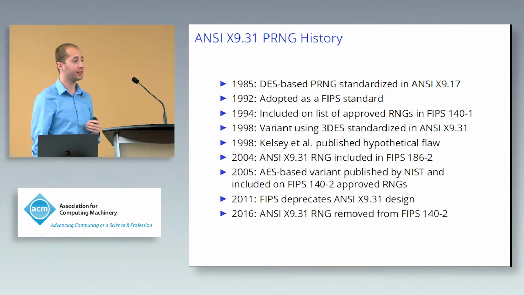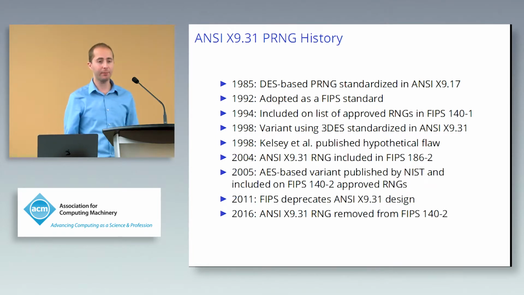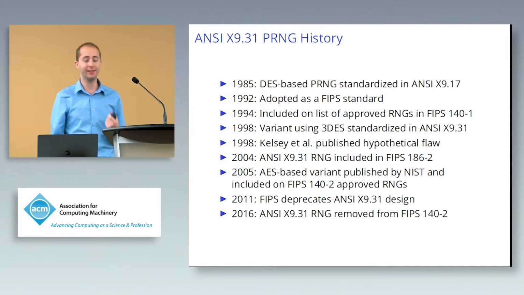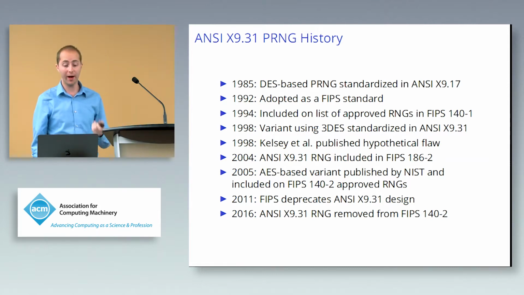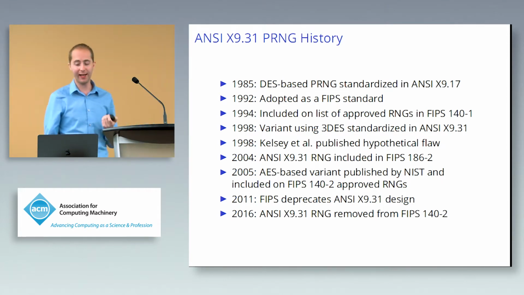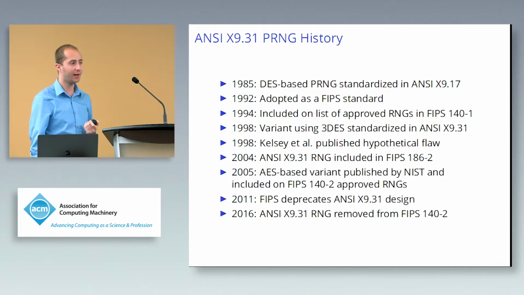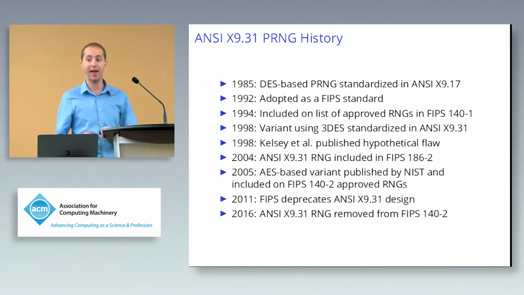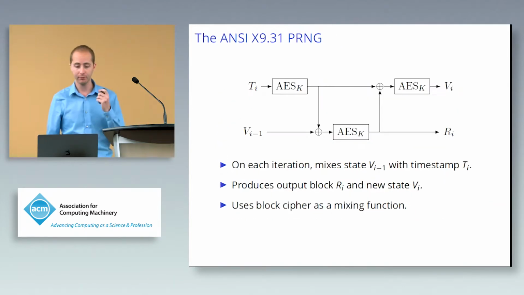However, despite the existence of this flaw, this random number generator continued to be included in standards over the course of quite a long period of time, the next 2 decades. Finally, in 2011, NIST deprecated the ANSI X9.31 design, and then it was sunset totally in 2016, at which point it was removed from the standards and banned from use.